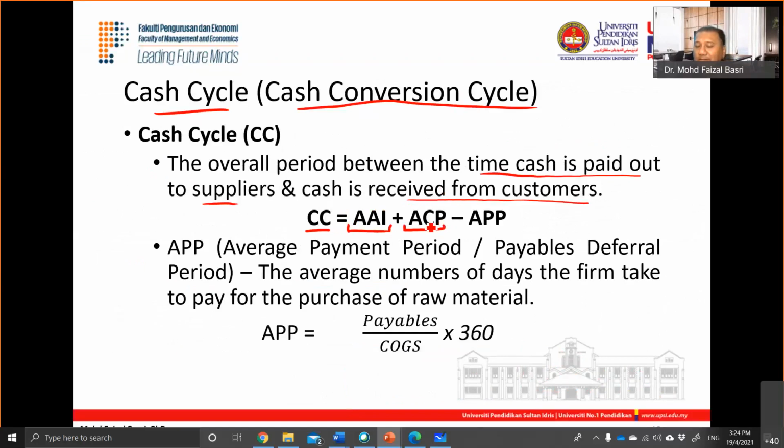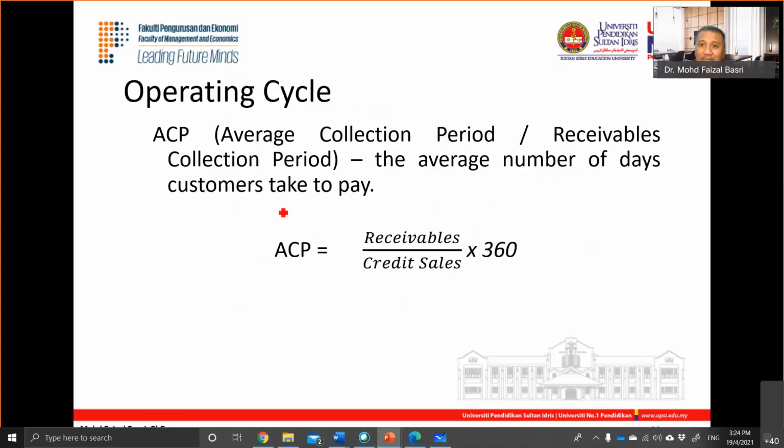ACP stands for Average Collection Period. Actually you've learned this in the financial ratios topic, topic number 2 before. We can define ACP as the average number of days taken from the day your customer purchases your goods until the day they make payments.